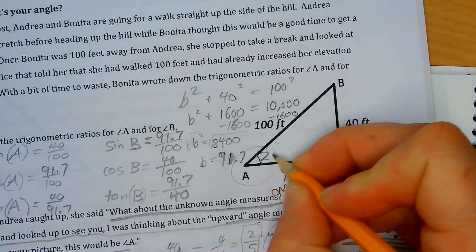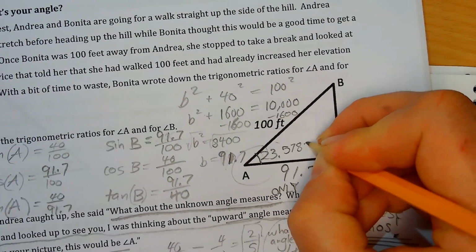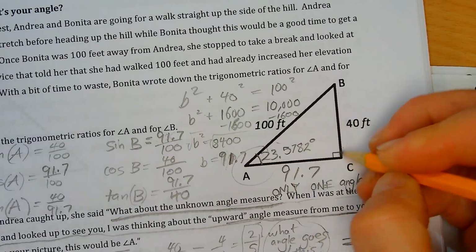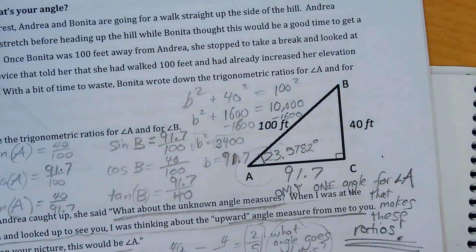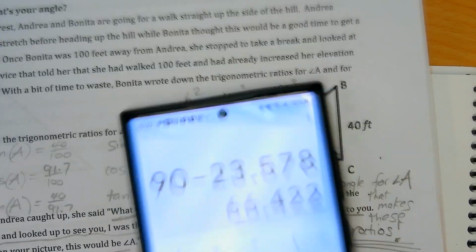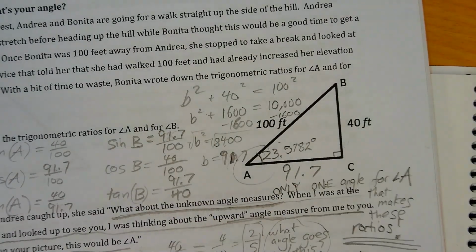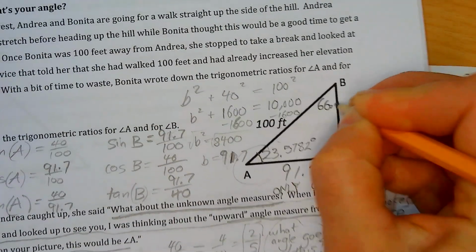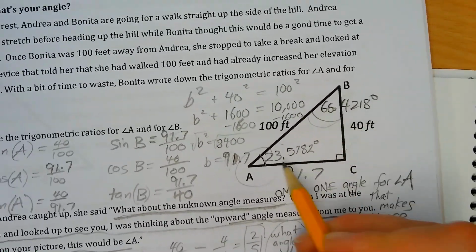They're saying we can use the triangle sum now that we have a angle. See what's 90 minus 23.578. 66.4218. There, so now we have all the degrees.